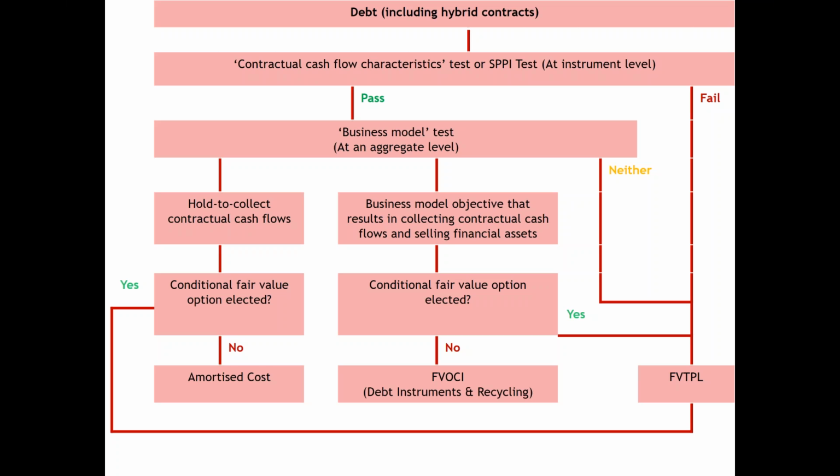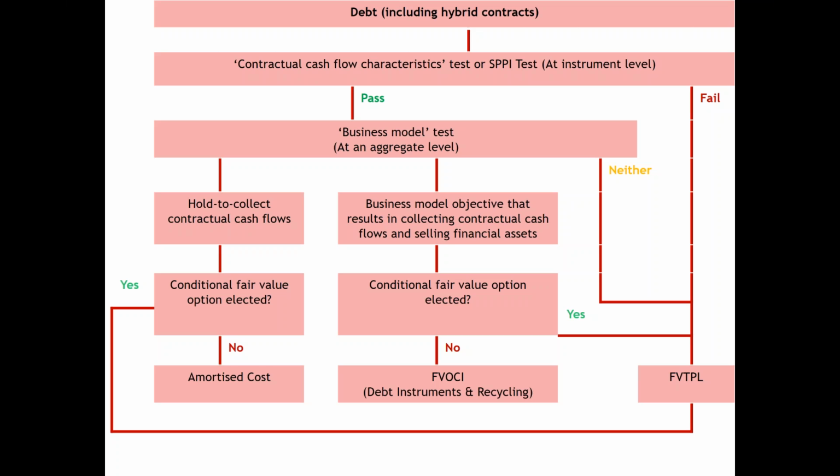So there might be a bit of a mixed business model. Now, for both of them, you can always elect to do fair value through profit and loss. That's always available.